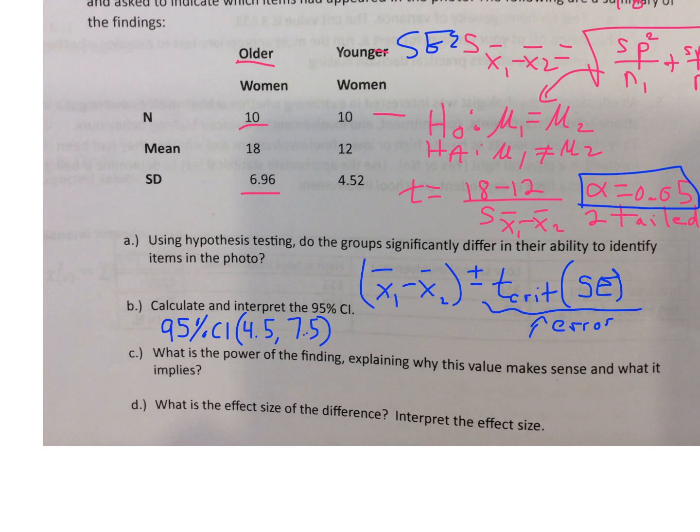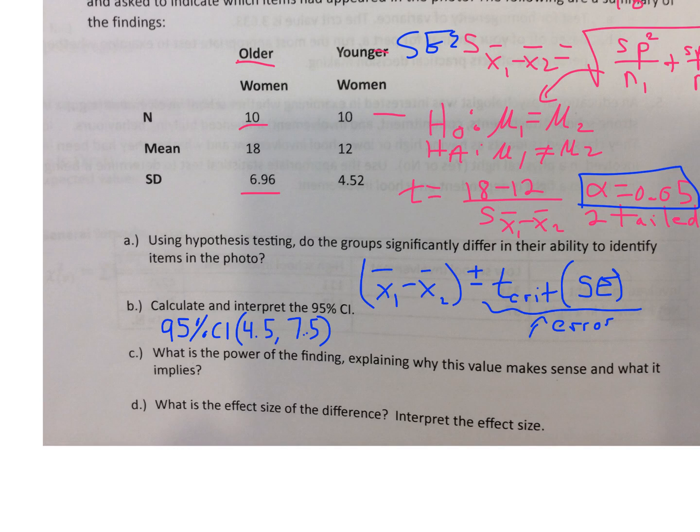You could write it like that, and that would be your confidence interval. It's just giving a lower value for the range, like the minimum, and the maximum value for the range. And as long as we stay in that range, we're 95% confident that our mean will always fall somewhere in between those.